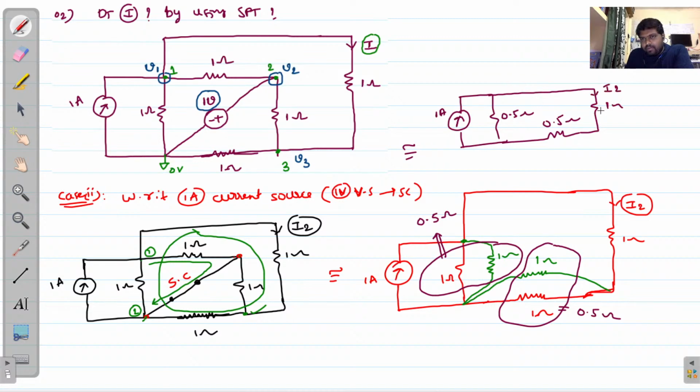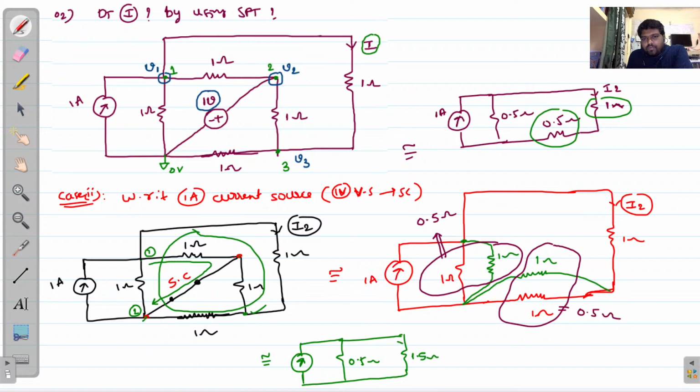If you observe, this is 1 ohm and this is 0.5 ohm, both are connected in series. That means we get 1.5 ohm total. So here I'm considering 1 ampere, 0.5 ohm, and here 1.5 ohm, and here the current equals I2.